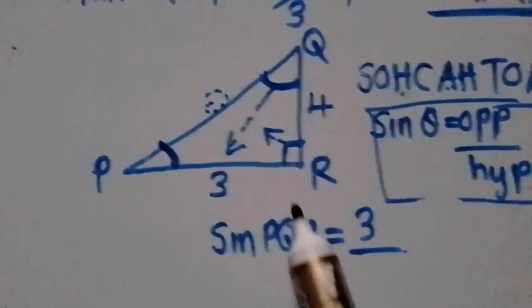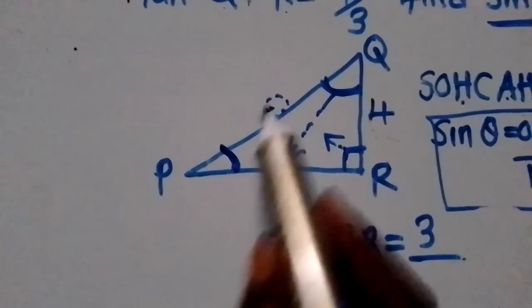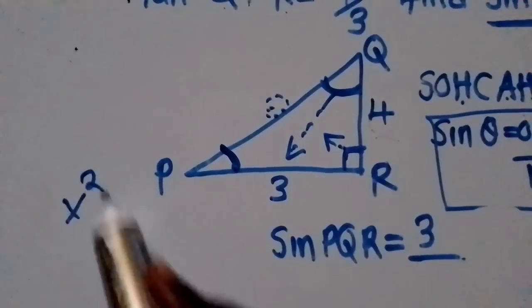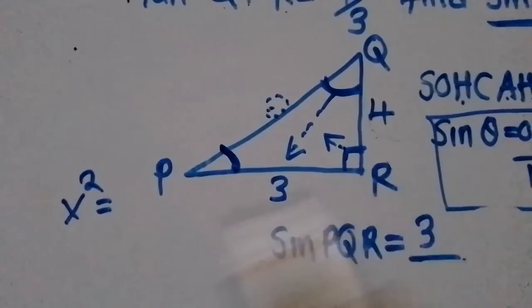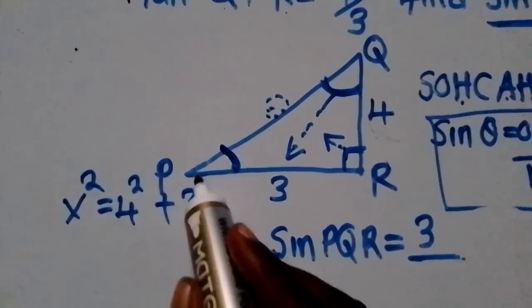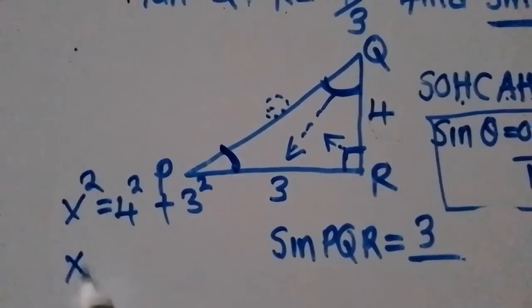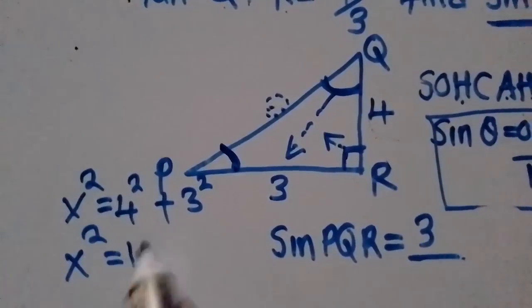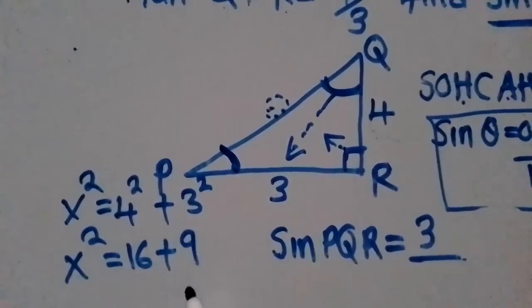Here I'm going to put x. So x squared is equal to the addition of these two: 4 squared plus 3 squared. X squared is equal to 16 plus 9, so x squared is equal to 25.